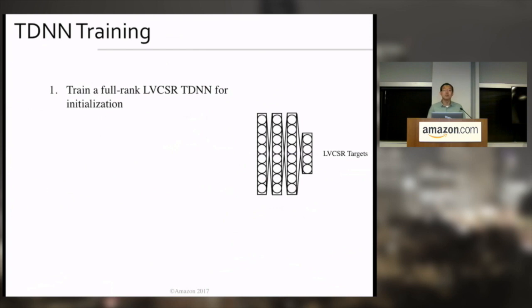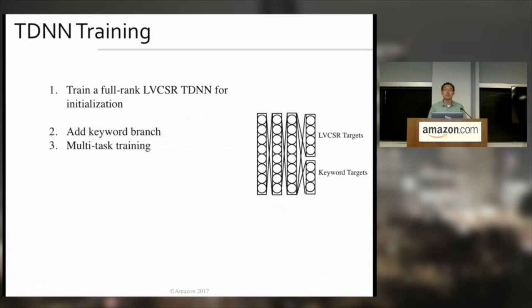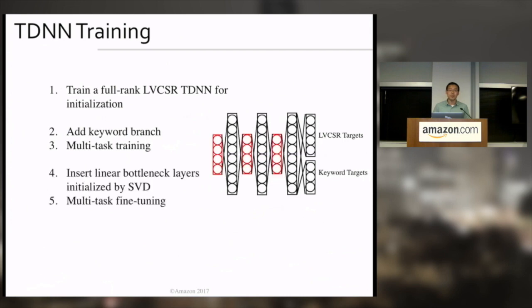To summarize, our TDN training recipe is as follows. First, we would train a full-rank ASR TDN, which has the same architecture as the target eviCore TDN, and this network has the ASR outputs. After that, we would add the keyword branch, which includes a separate last hidden layer and the output layer with the eviCore phones. And we run multiple epochs of multitask training to optimize this network.